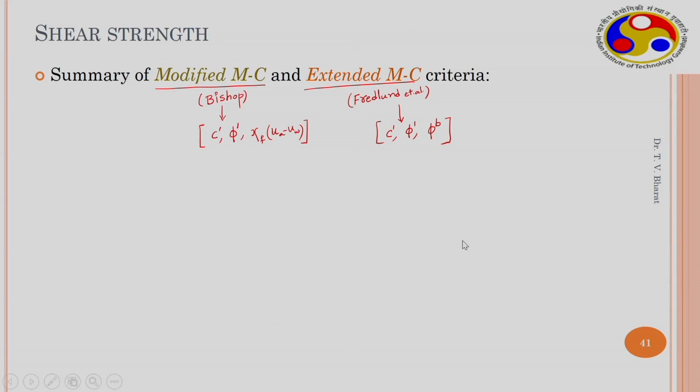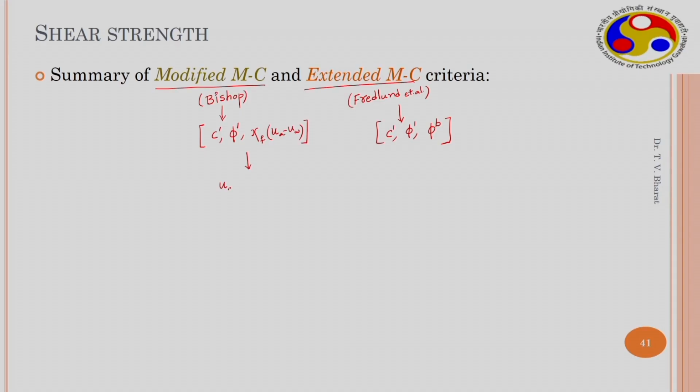The triaxial tests or direct shear tests, we need to conduct these tests to estimate these strength parameters. We require suction-controlled direct shear test data or suction-controlled triaxial test data in a specified manner.